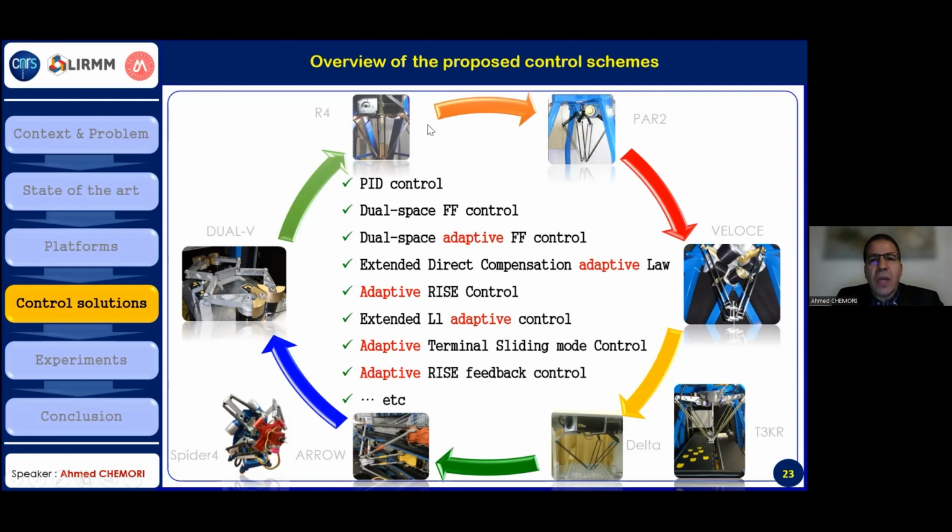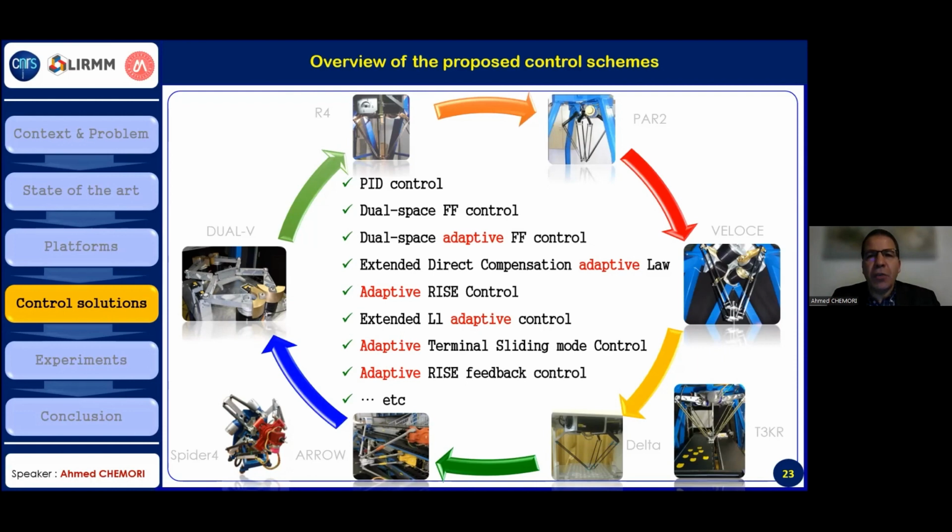So we have to pay attention, and we designed adaptive controllers to take care of these uncertainties and to get good performances while the dynamic parameters or some operating conditions are changing. So these are the proposed control solutions.